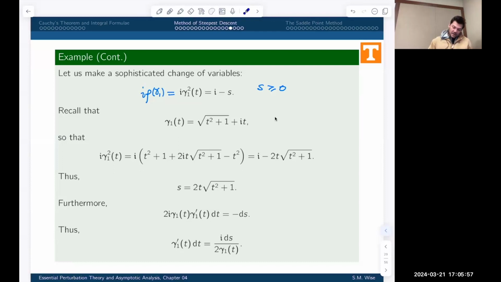The trick here makes this computation a lot easier. Really all you're doing is taking the time derivative of rho gamma 1 t, which we said was equal to I minus s.